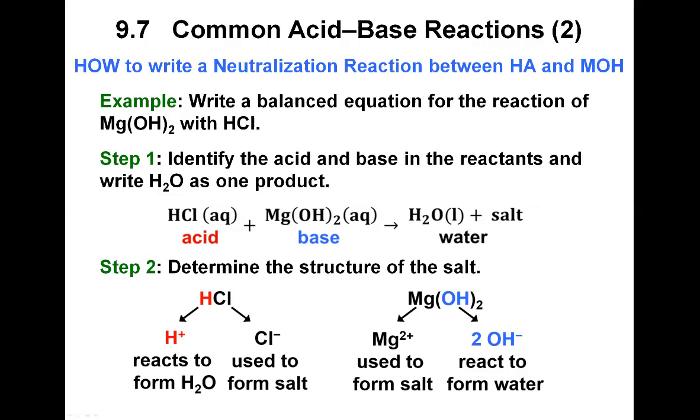Mg, magnesium, is a group 2A metal, an alkaline earth metal. So group 2A, so it's a 2+ ion. And chloride is a -1 ion. So you place them next to each other by writing first the cation and then the anion.